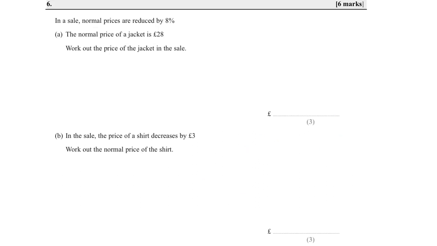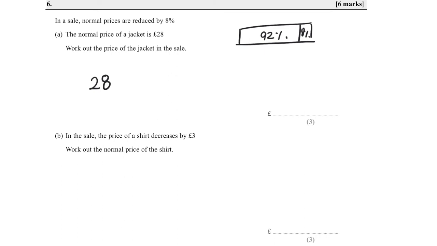So, in a sale, normal prices are reduced by 8%. So if we take away 8%, how much do we have left? 92%. The normal price of a jacket is £28. What is the sale price? So we want 92%.